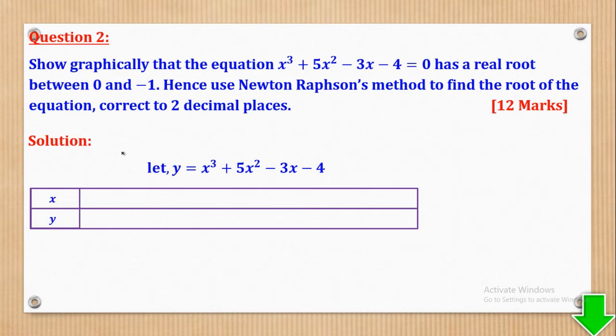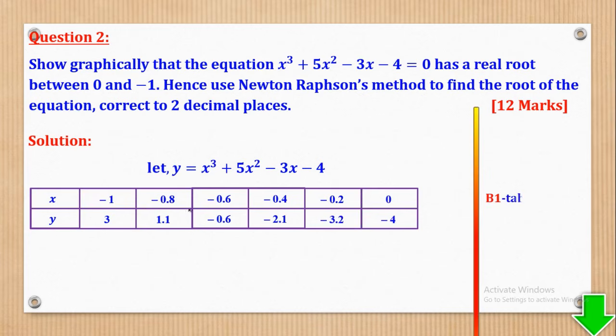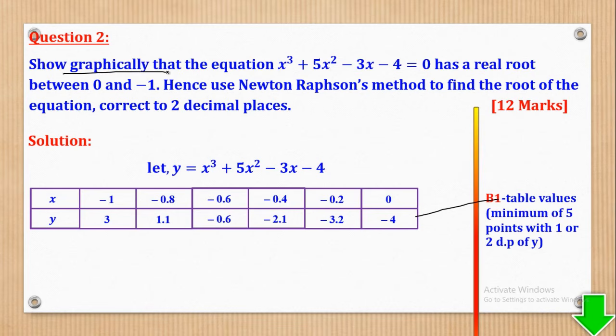When x is -1, we shall come up with y as that, -0.8 we shall come up with that, -0.6 that, -0.4 that, -0.2 that, and lastly 0, we shall come up with that. So B1 for that.